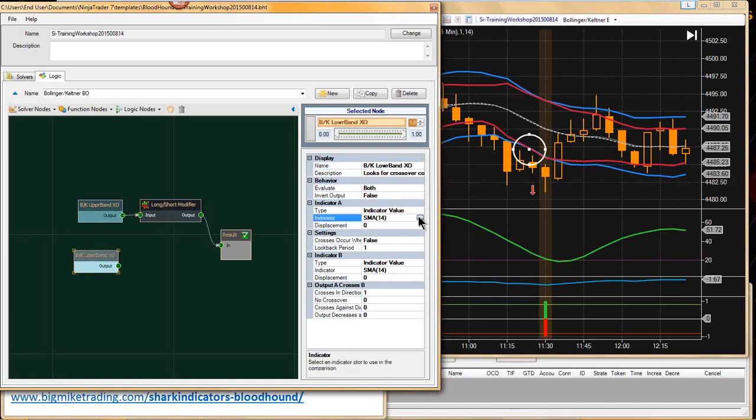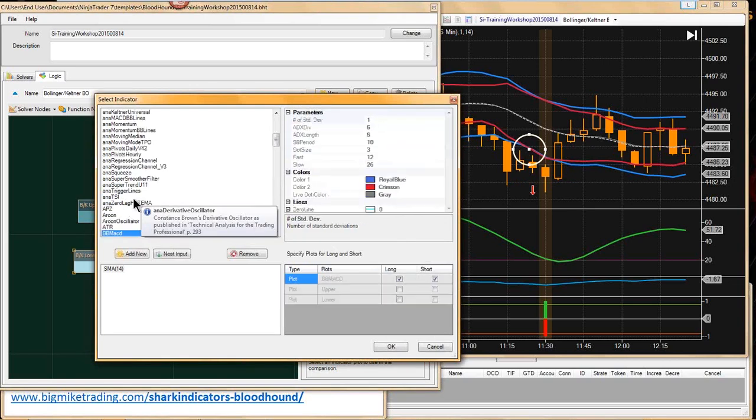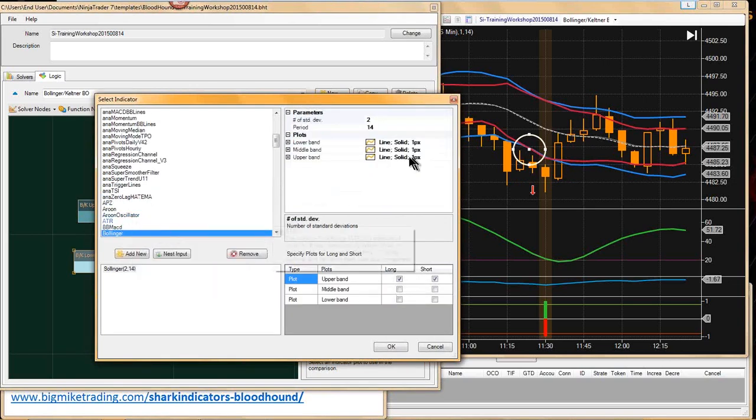All right, so let me just quickly put the indicators in there. All right, so we're using a standard deviation of 1, period of 14. This time we're looking at the lower bands, so let's select that.